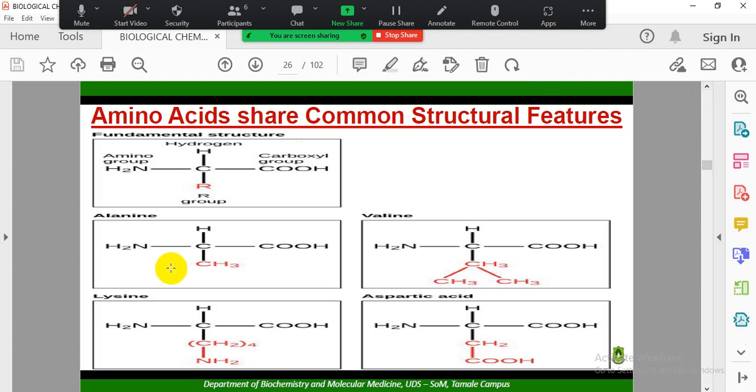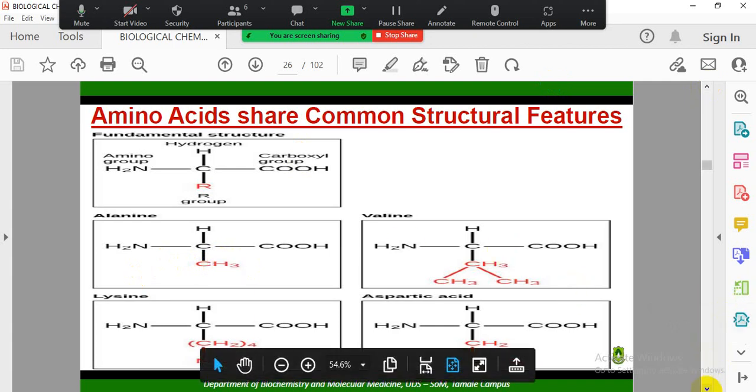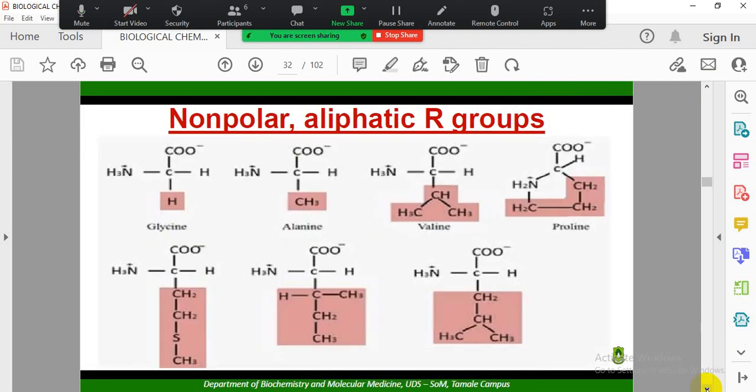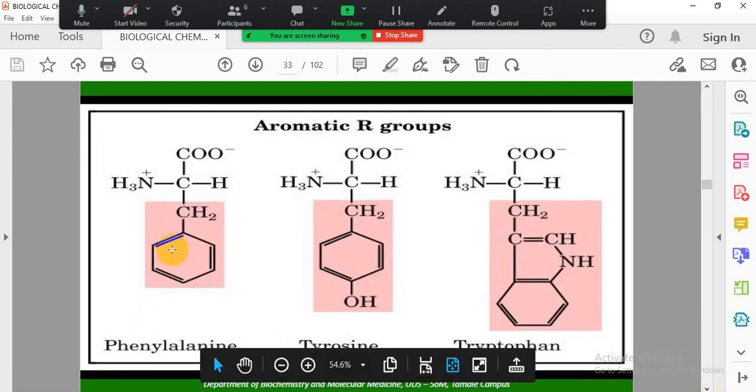Yes, so you can see CH3. Can you see alanine? What is written in red? CH3. So when you add a phenyl group to it, it becomes phenylalanine. So this is phenylalanine. You have added a benzene ring to it.